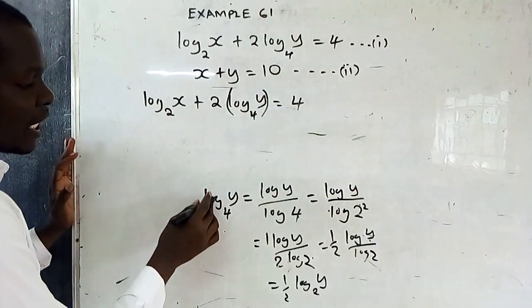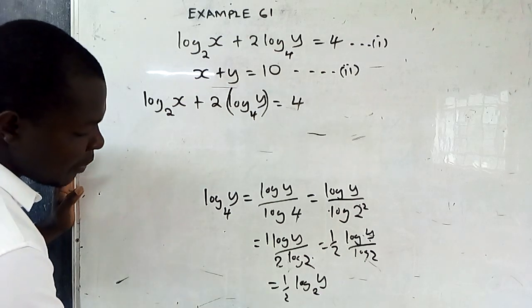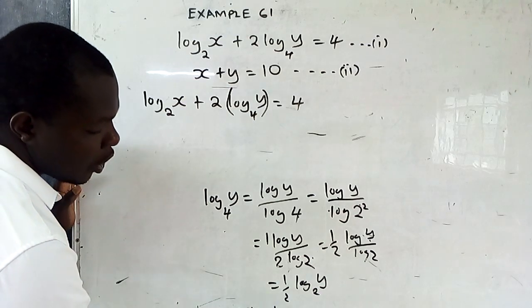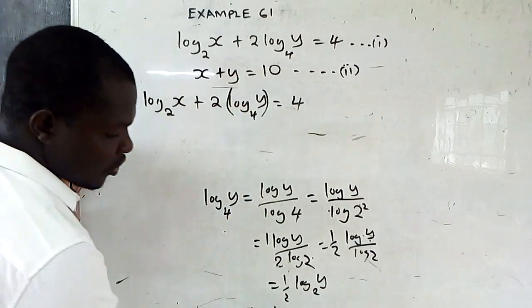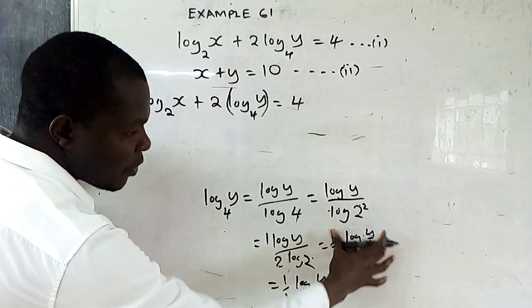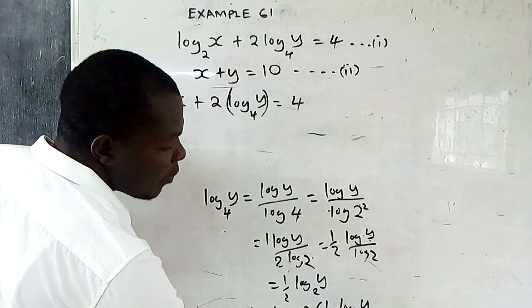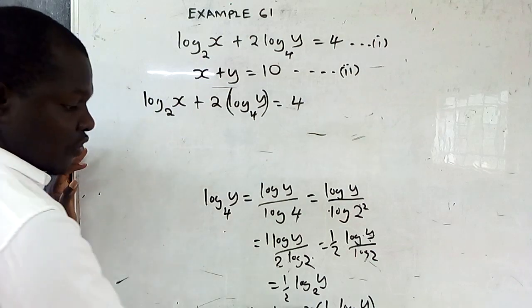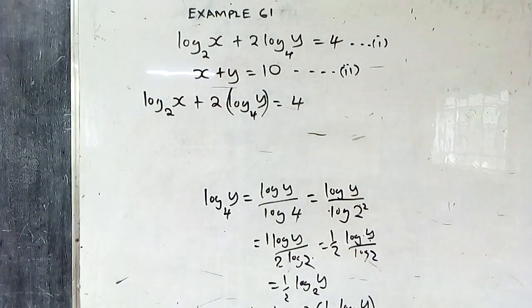So if you multiply it by 2, what do you get? Because we have 2 log y to base 4, it is 2 times log y to base 4. We found it is a half log y to base 2. So this 2 will cancel with the half.